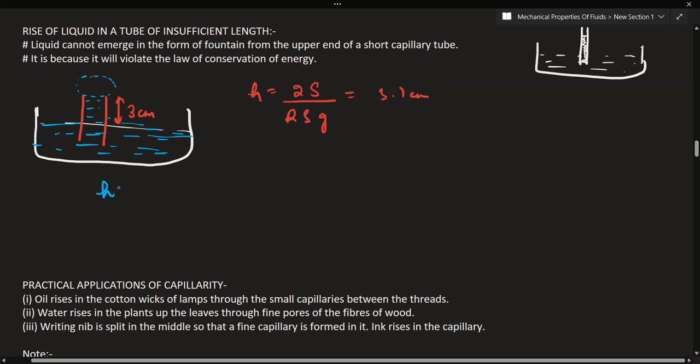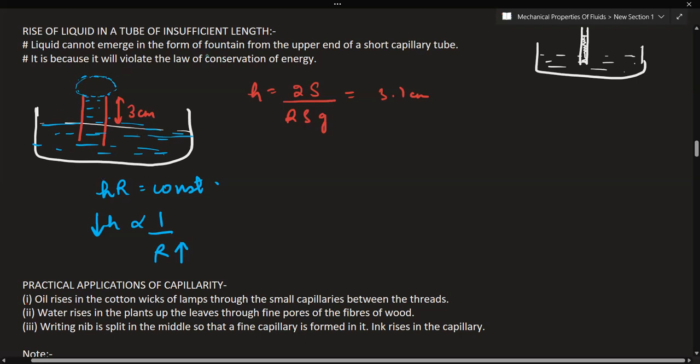We have seen this now, h into r was constant. So it means h is inversely proportional to r. So if height is less, so radius should be more. If height is less of the capillary tube, then it will expand its radius like this.